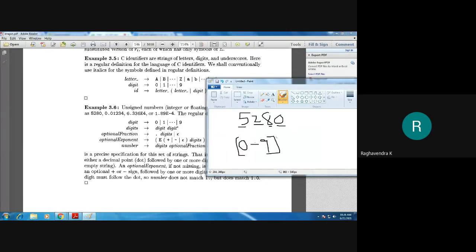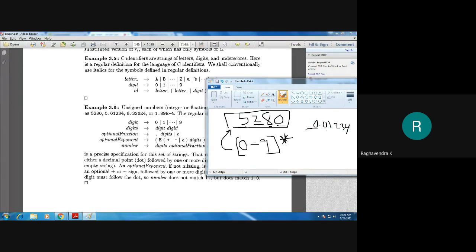And if I want to match this entire thing, I can write a star, or a plus. I can also write star, but I'll write star only. So [0-9]* is going to match this. But now if I am looking for a number like 0.01234, then obviously there are two parts here.